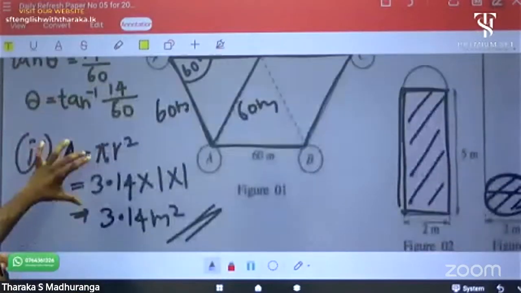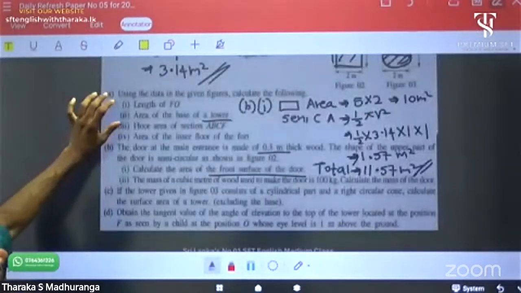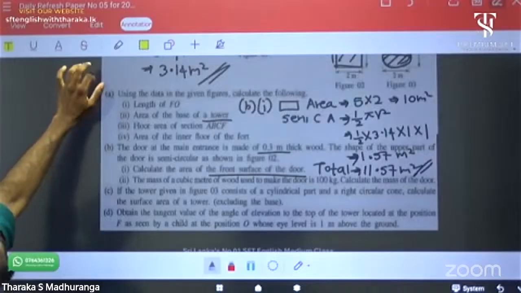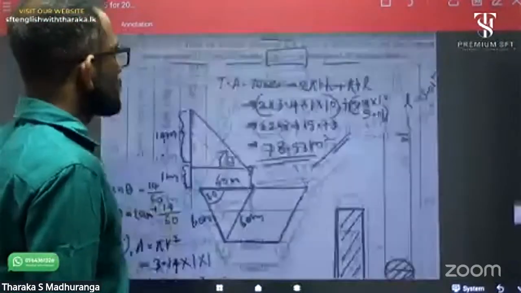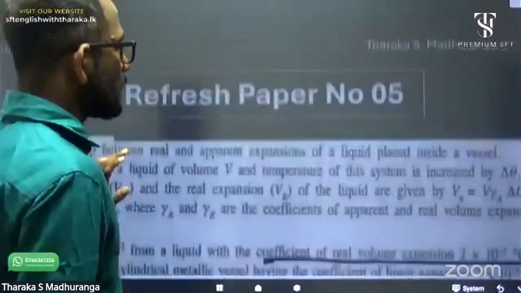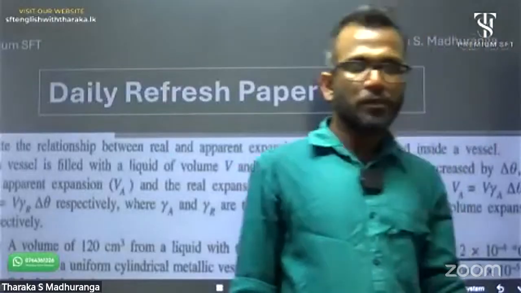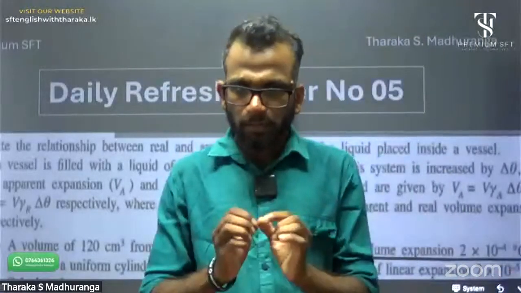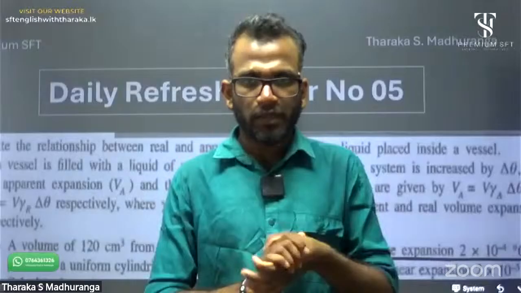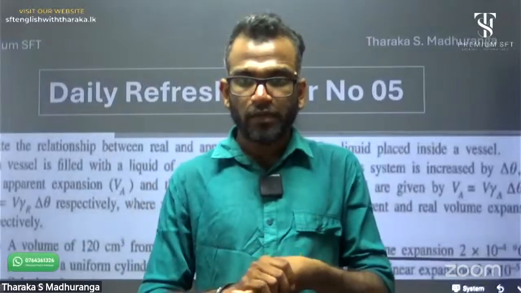Okay, that's the end of refresh paper number 5. Next week I hope to discuss mainly thermal transformation questions and thermal transformation rate questions.